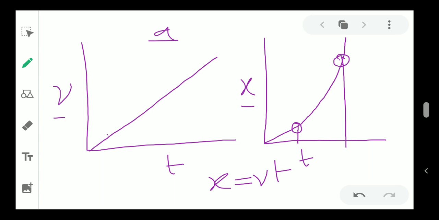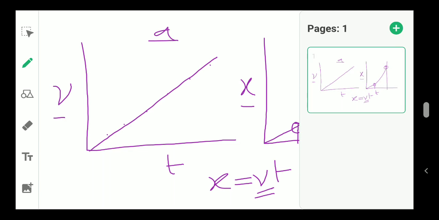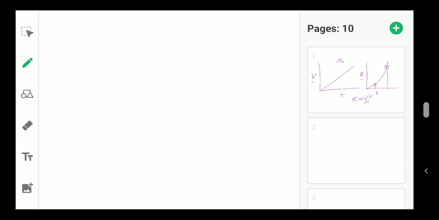Because at every point of time my velocity is changing. So which velocity am I going to put here? To deal with this problem, we are going to take one new concept of average velocity.